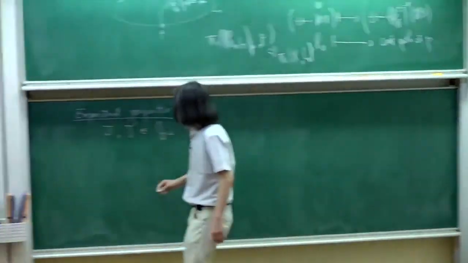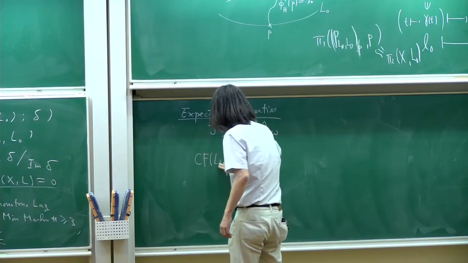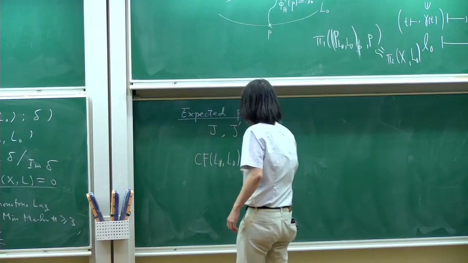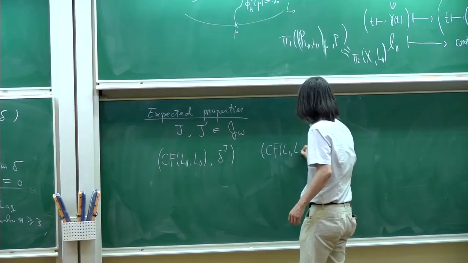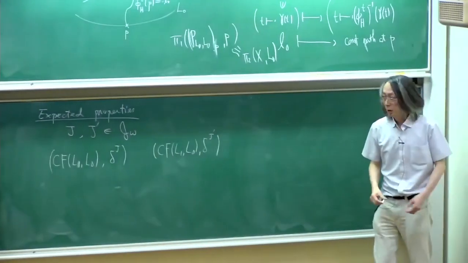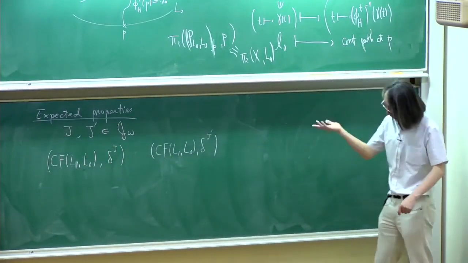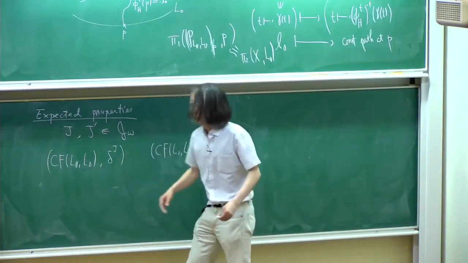So in this case, then you have the CF(L0, L1) and CF(L1, L0). And here I have J, and I have two chain complexes. And the modules are the same because I don't use J for the definition of the module CF(L1, L0).